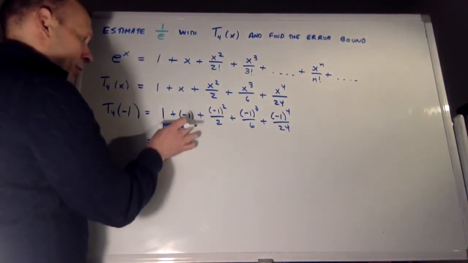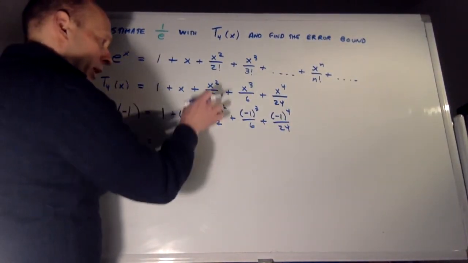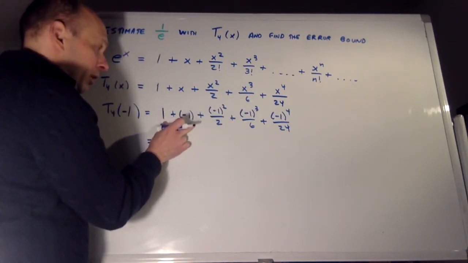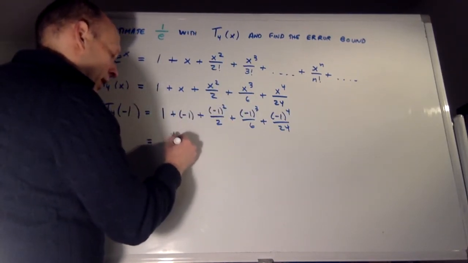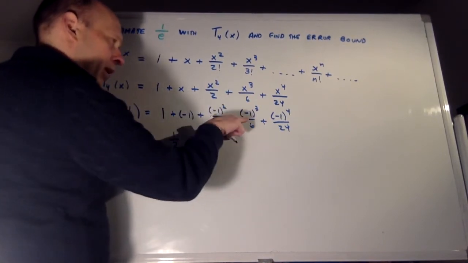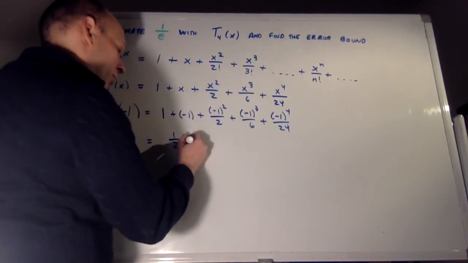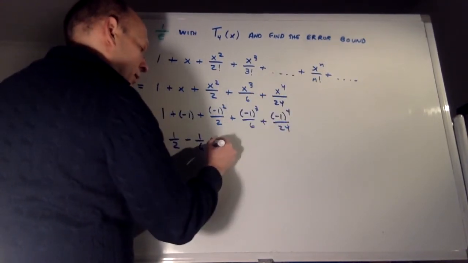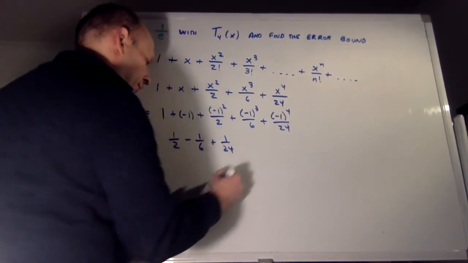So this is, well, 1 minus 1, that's 0 right there. It's not the first non-zero term, but these contribute 0. So I'm going to write the next term, which is positive a half. And then we have negative 1 cubed, that's a minus, so minus a sixth. And then negative 1 to the 4th is positive 1 over 24.